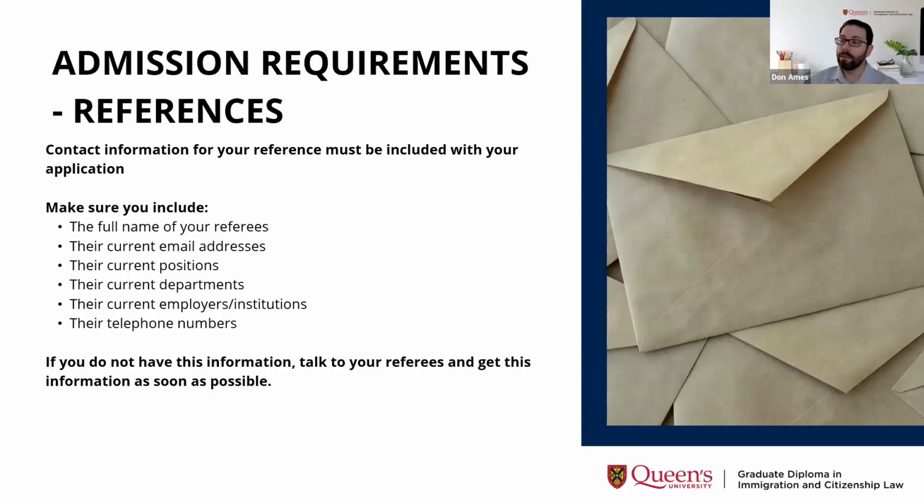Once you enter in that information into the application system and you submit the application, your role with references is done. Emails are automatically sent out to the email addresses you've listed, and your referees will receive those documents and be asked to complete them as soon as possible. So if you don't have this information for your referees, contact them right away and gather it. If you can only utilize personal emails for these referees, that's fine, but professional references are preferred.